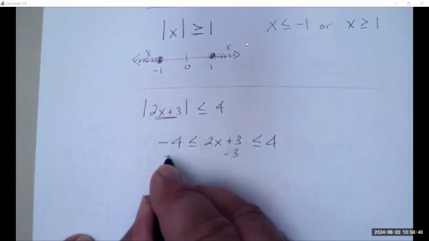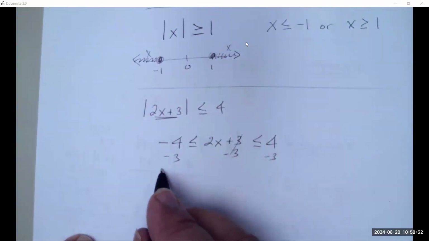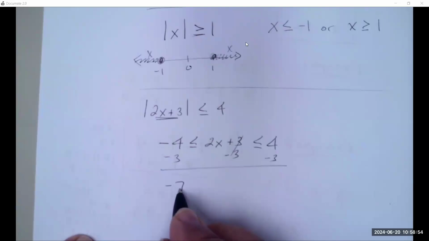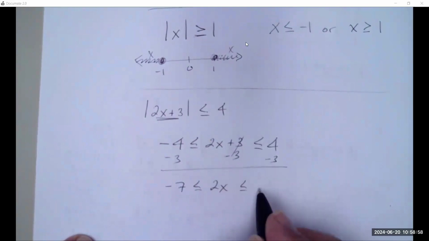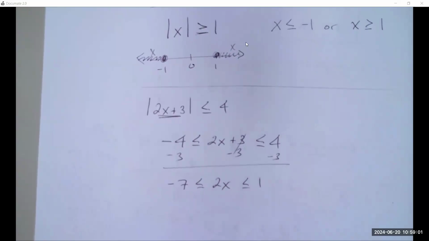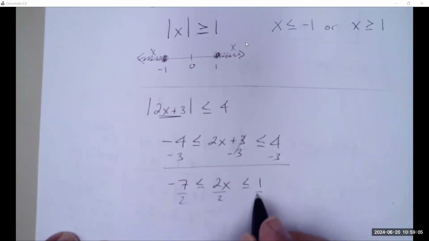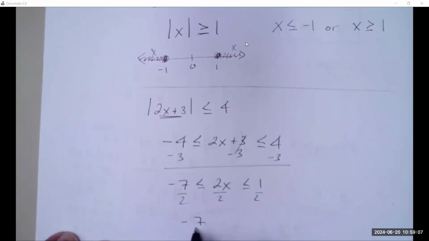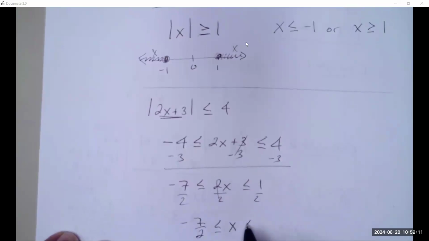Subtract 3. We got -7 less than or equal to 2x less than or equal to 1. Divide by 2. So -7/2 is less than or equal to x is less than or equal to 1/2.